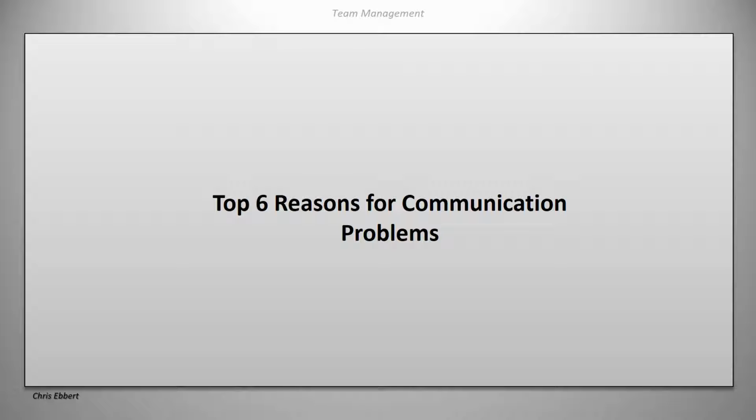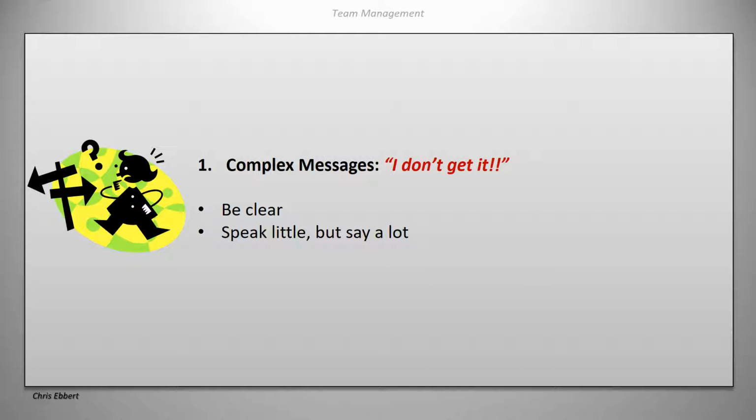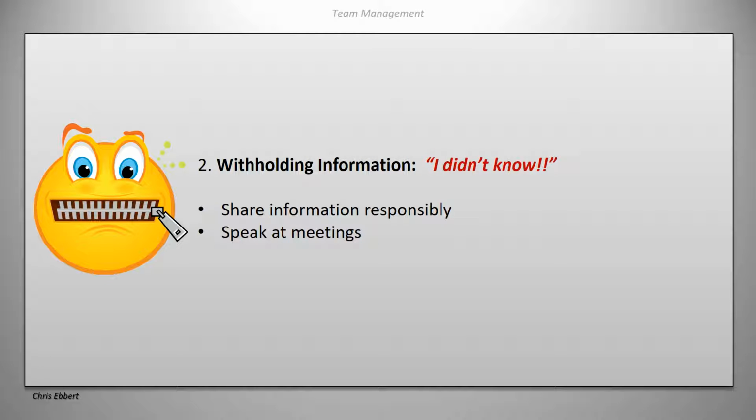A few other reasons here for communication problems. It may well be that what you're saying is too difficult to understand. So don't say so much, or don't speak so much. Make sure you say something. Okay, so speak little but say a lot, and say enough.